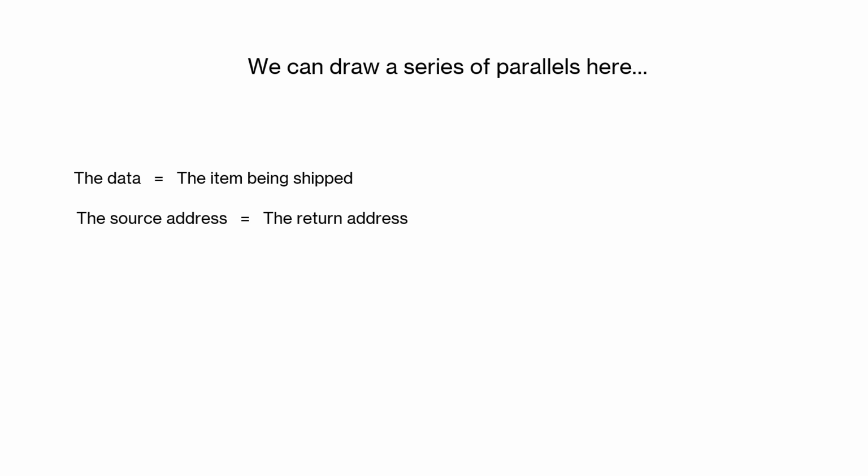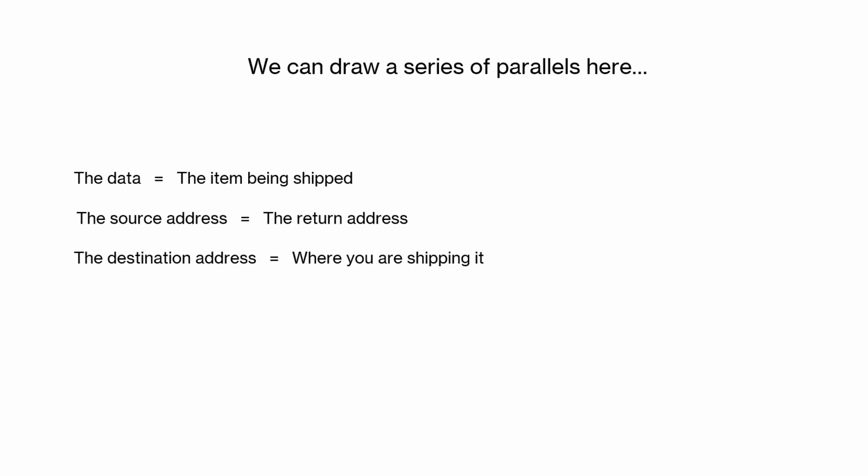So if you haven't already, we can draw a series of parallels here, starting out with the data being basically the same as the item that we're shipping in the box. The source address is just a fancy way of stating what we've been using for years as the return address. The return address on a package is the address of your house, where it's coming from, and the source address on a network packet is the binary version of the node from which that data originated.